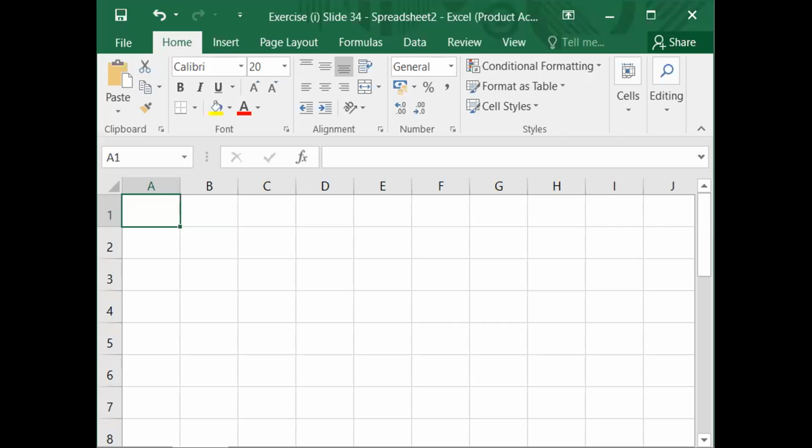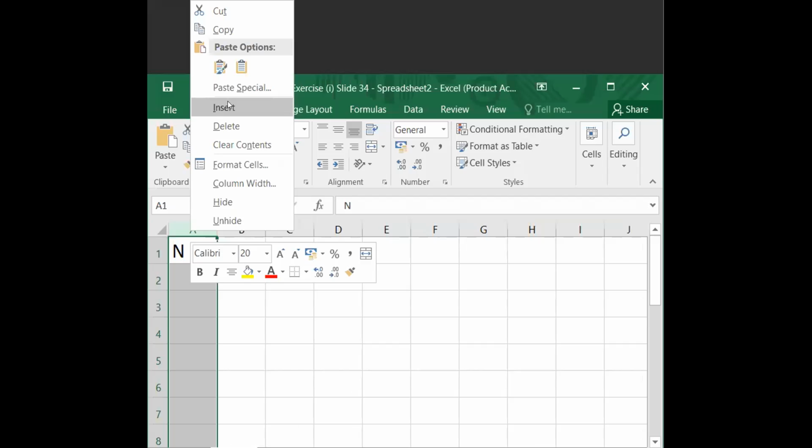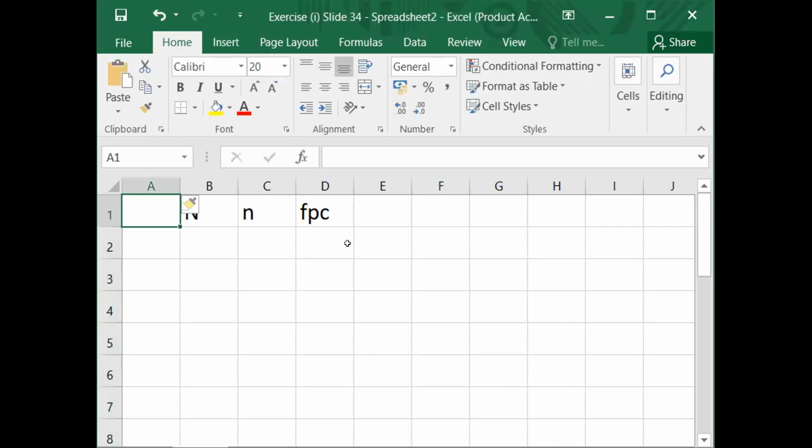In one column, we write down the values of population size, capital N. In the next column, we have the sample size, small n. And in the last column, I am computing FPC. I am inserting one more column in which we refer to which part we are calculating: part A, part B, part C.